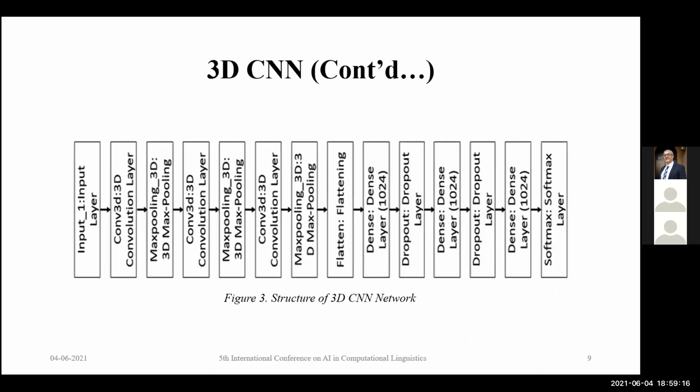So this is the proposed model, where we had taken three convolutional layers and three max pooling layers. Next to that is the flattening layer. In the next part of the classifier, we have to take a linear vector of the inputs.